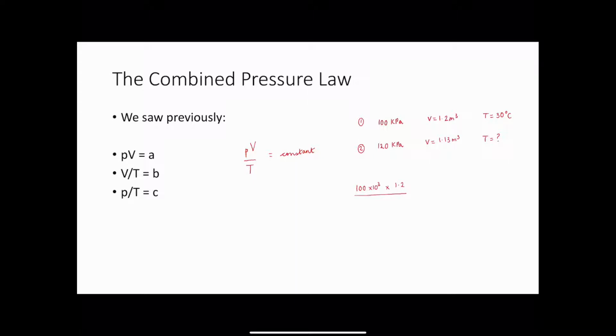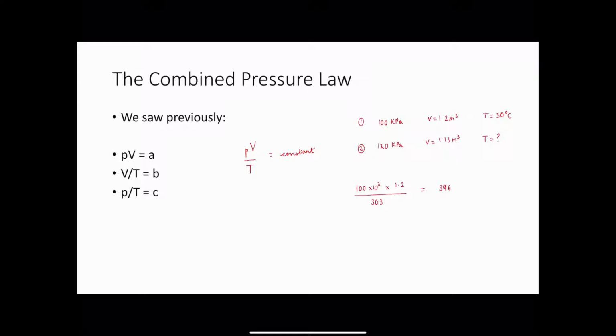Now, you'll remember last time that we actually want our temperature to always be in Kelvin, and at the minute it's in degrees C. So we're going to have to add 273 to 30 to give us our new temperature, which gives us a temperature in Kelvin of 303 Kelvin. And that's going to be equal to a constant, which if we plug those numbers into our calculator, we find out that that constant is 396.